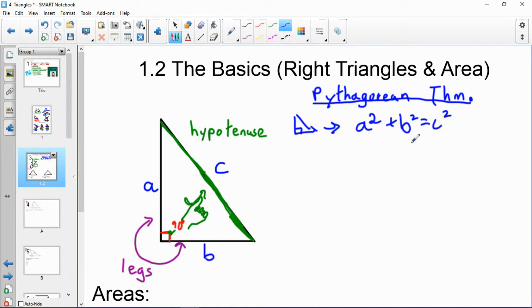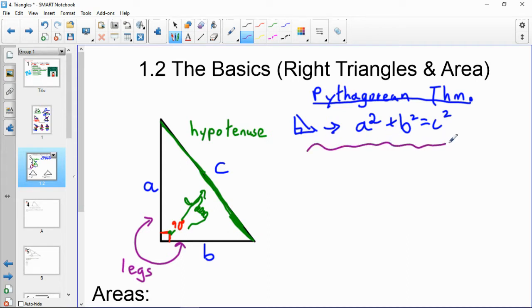The reason this theorem is so powerful is that with this formula, as long as you know 2 sides of a right triangle, you can always algebraically figure out the 3rd side, as long as you know how to solve a basic equation. That's a very effective way for us to find missing 3rd sides in right triangles.